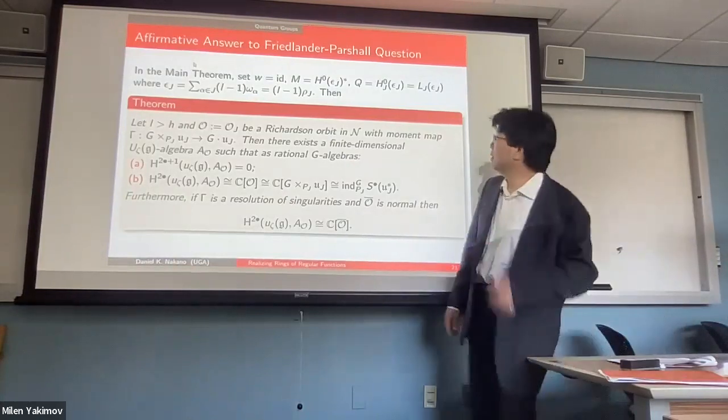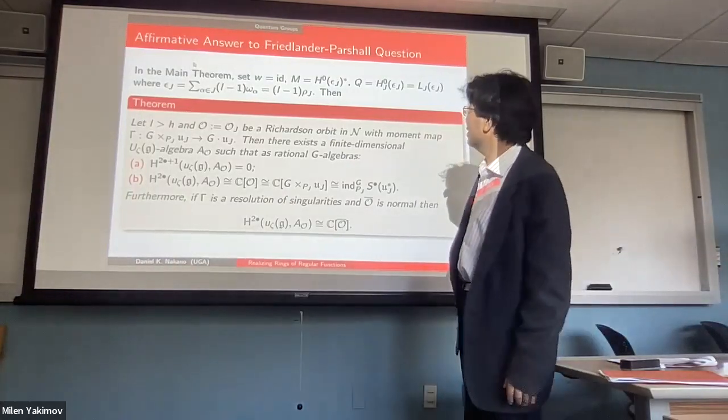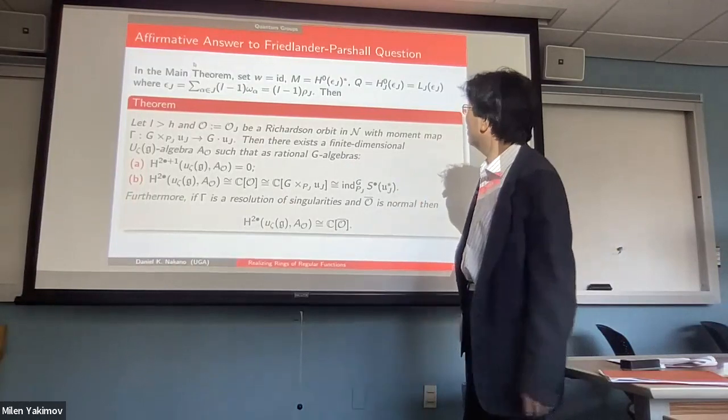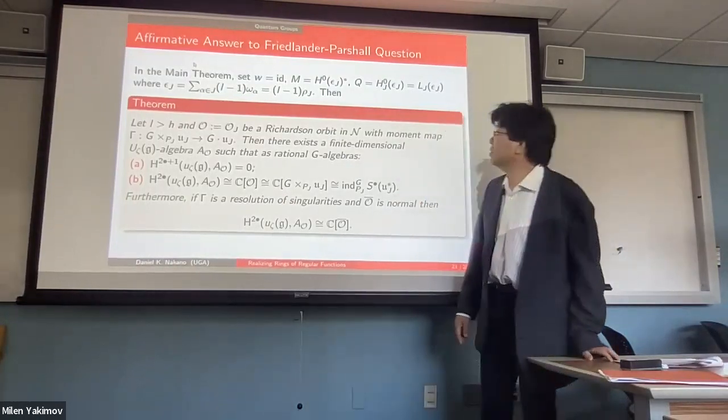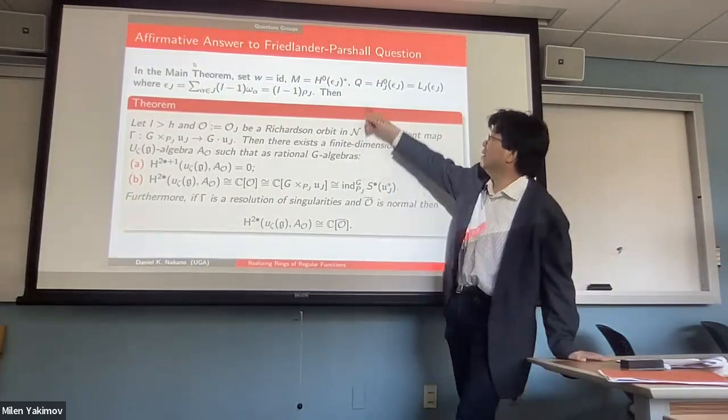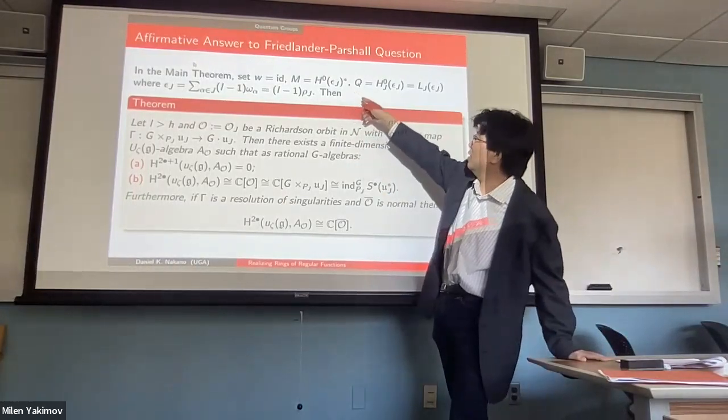And so now I could specialize in a different way and answer the Friedlander partial question. This time I'm going to take W to be the identity. I'm going to take these partial Steinberg modules.